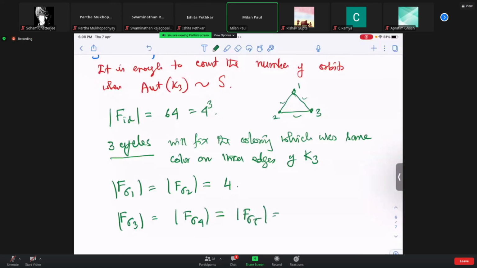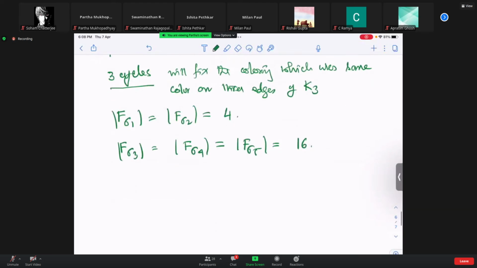Okay, 4 into 4. So right. For the 2-cycle, those two edges will have the same coloring, otherwise you will have a conflict. And the other edge can be colored in any of the four ways. So this is equal to 16, basically.